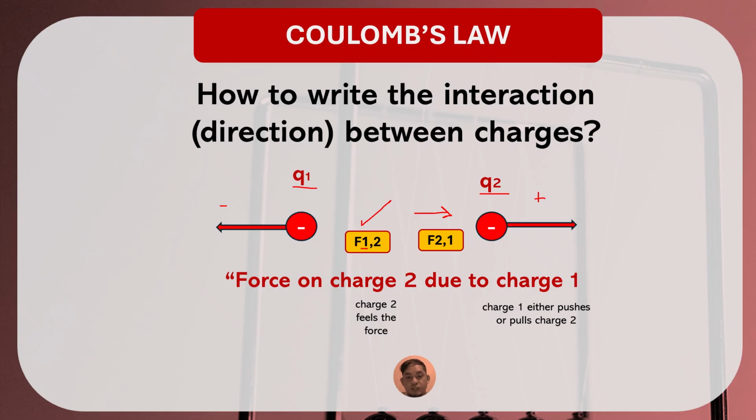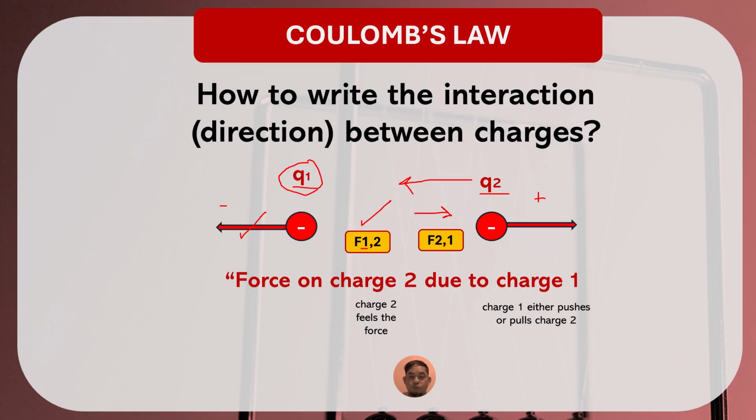So force on 1 will be our reference. Since they are like signs, charge 2 will have to push charge 1. So that's why we have this direction going to the left.